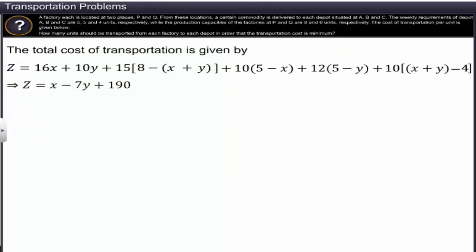To find the minimum cost of the transportation, we need to minimize the objective function Z, which is equal to X minus 7Y plus 190.